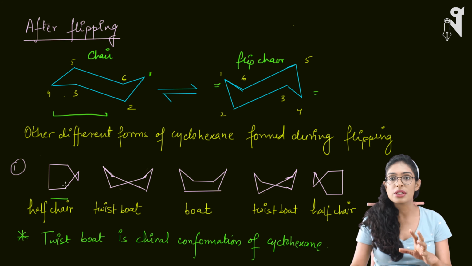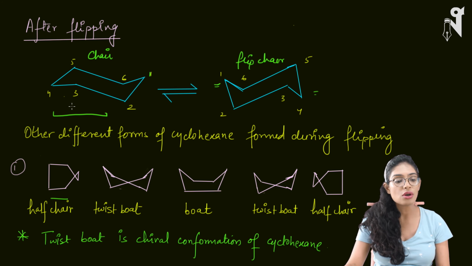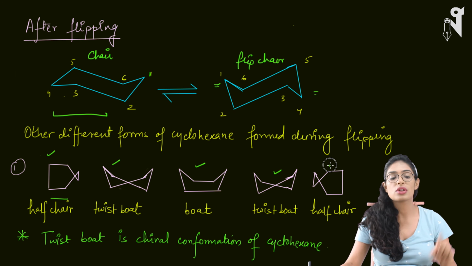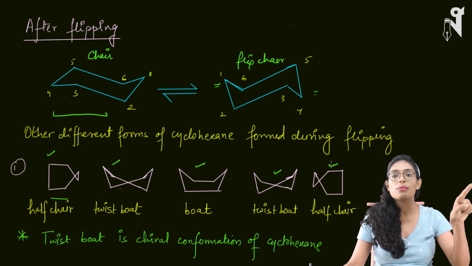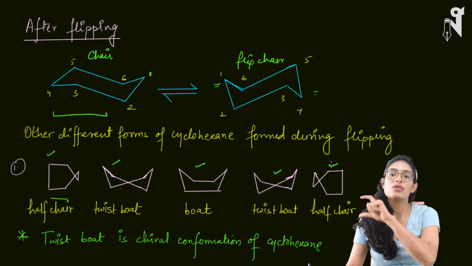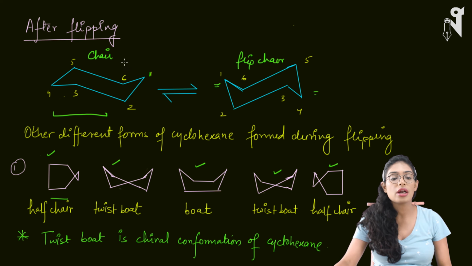It's not a 3D representation, so I'm just drawing it, and moreover, you don't require these shapes very often. You just need to know their names and their stability orders. So this is your half chair, this is your twist boat, this is your boat, this is again your twist boat and half chair. These different structures form in between the chair and flip chair.